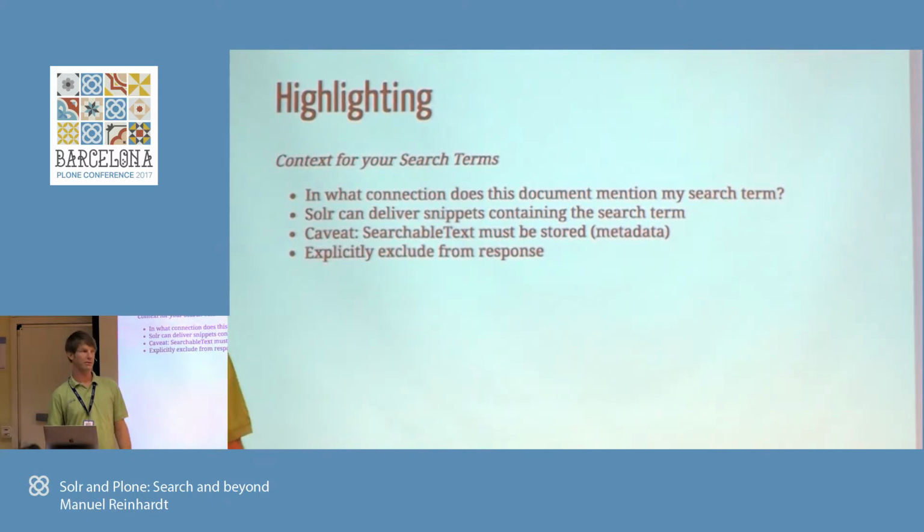So if you have hundreds or thousands of search results and deliver the searchable text for all of them, that is just not going to work, because all of that is going over the network. And it's going to take much too long. But luckily, Solr allows you to do that rather easily. You can specify what fields to return. You just have to pay a bit of attention to what you're storing in Solr and what you want to return with every response and what you don't want.